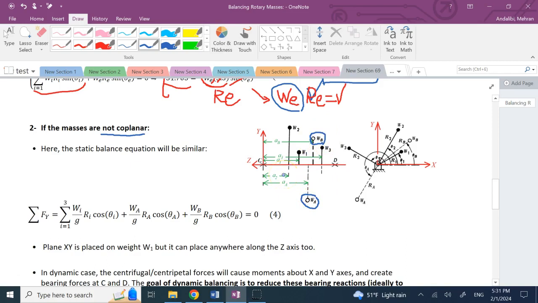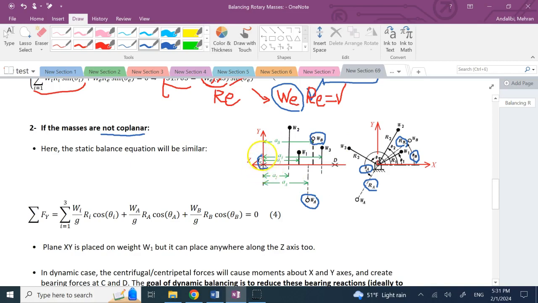Why? I'll show you in a second. And for each one, we pick their own radial distance as well as their own angles. And then here, everything has an axial distance from one of the bearings. So in this case, A represents the distance from each one of these masses or weights from what?